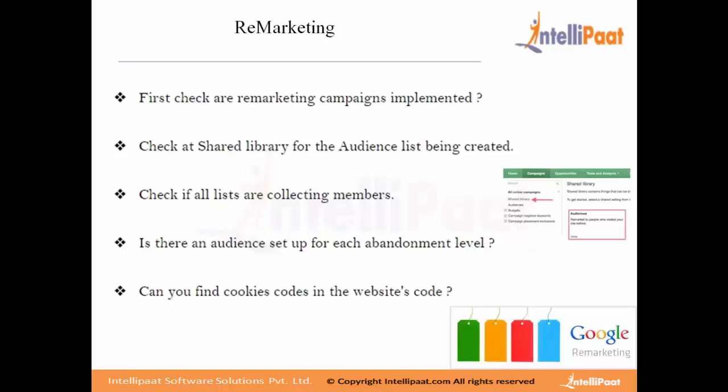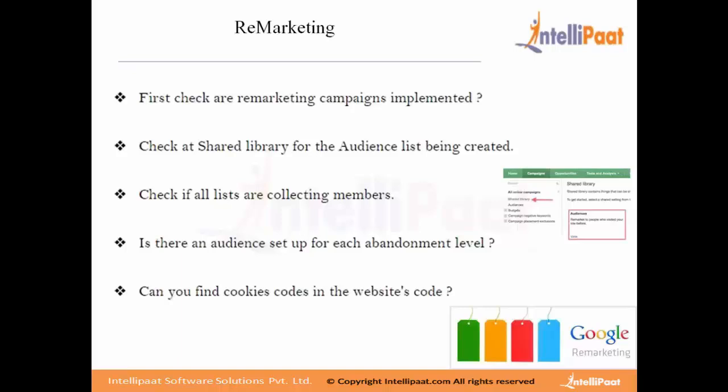If the campaigns are working, one needs to check within the shared library. You have a shared library where you can look at various audience lists. You have audience lists for n number of situations which can happen on your website, so it depends a lot on the size of your website.